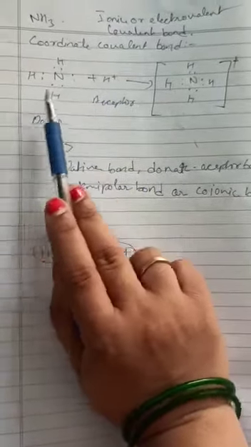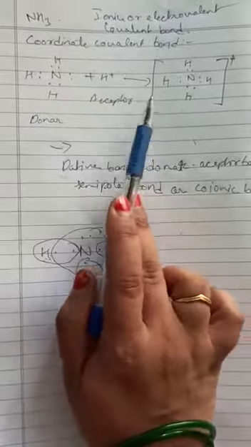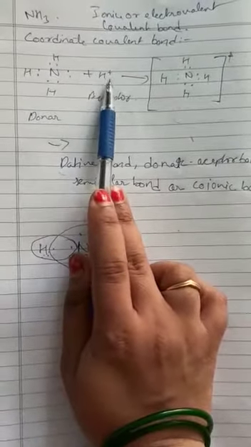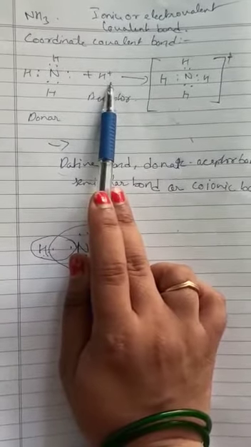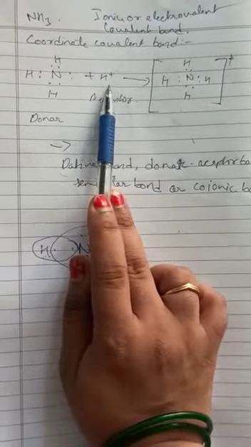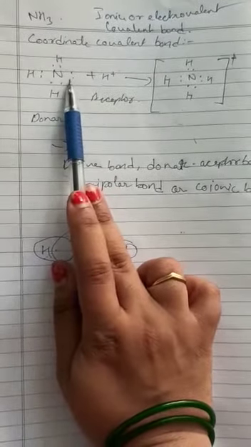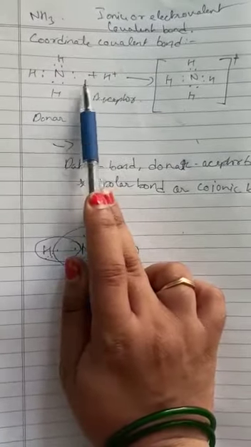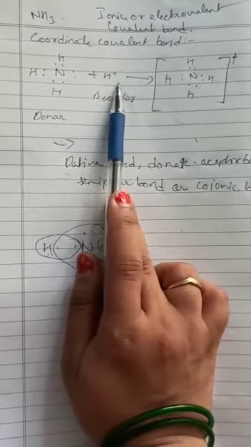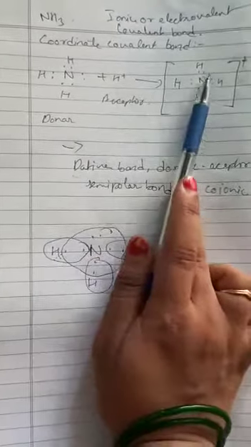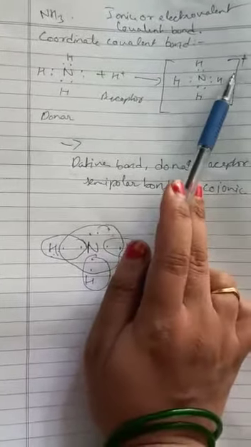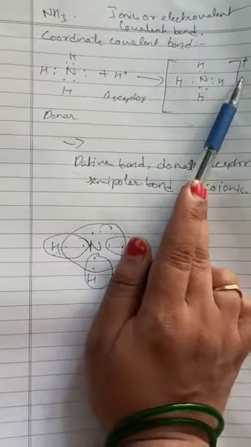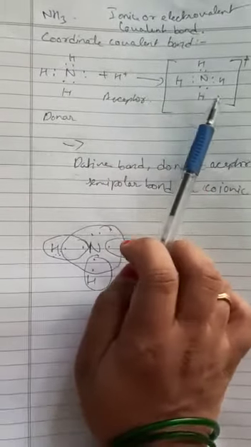So in case of the ammonium ion, the hydrogen ion is electron deficient, so the electron pair left on nitrogen will be shared with this hydrogen ion. In that case the ammonium ion will be formed with a positive charge on it. Okay, so this is how the coordinate bond is formed.